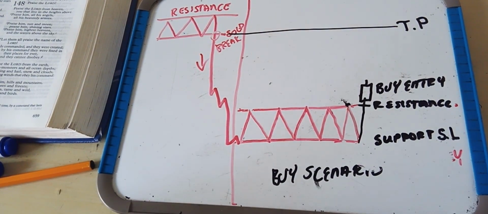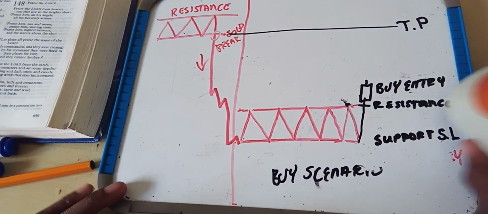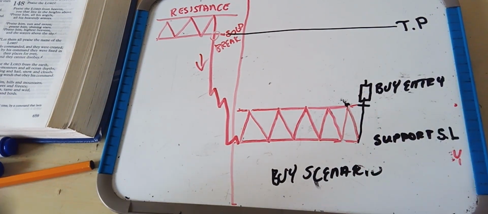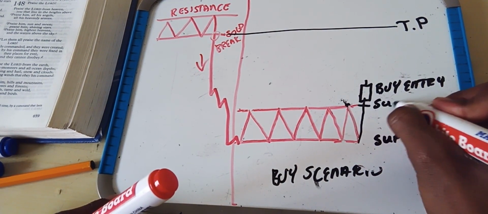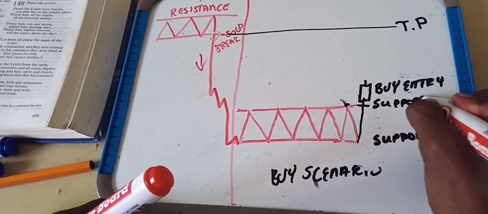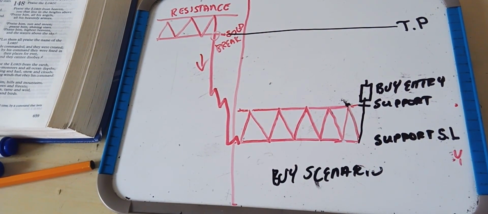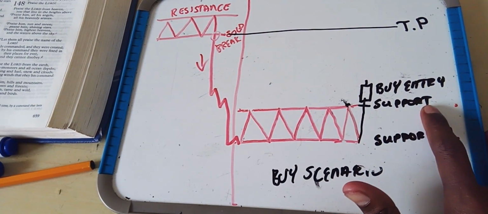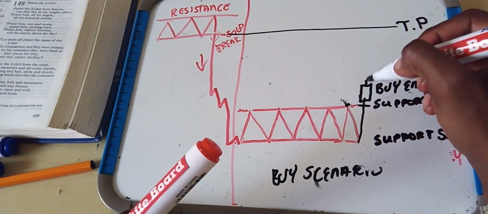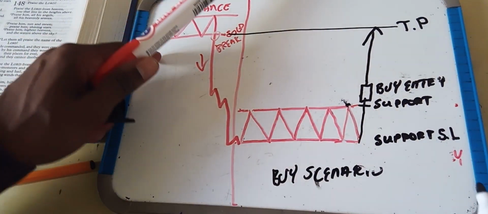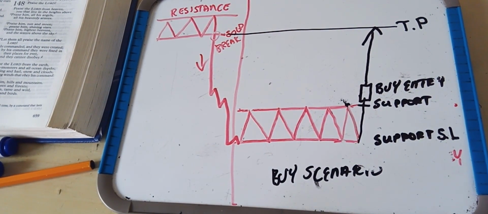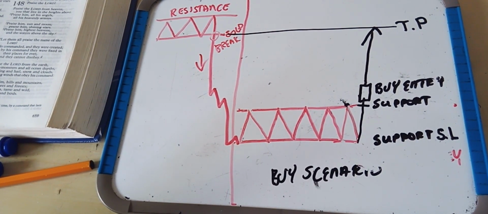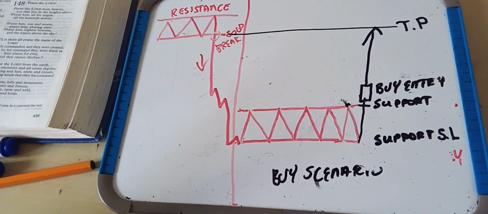The reason is, remember, this is now our new support level, temporarily acting as a support level, right? Remember, if the market moves from the support level it will go straight up until the resistance level. That's what the market does. If it comes from the resistance level, it must go to the support level.